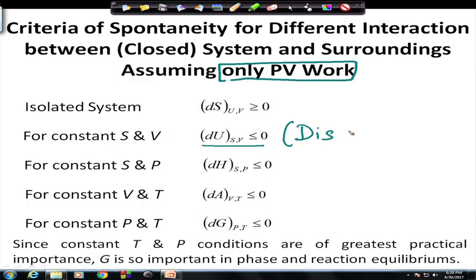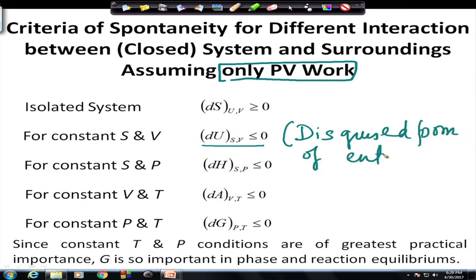Does it mean that the spontaneous process will only proceed when the energy of a system keeps on decreasing, and finally the system will sink into a zero energy sort of a sink? It is not that.